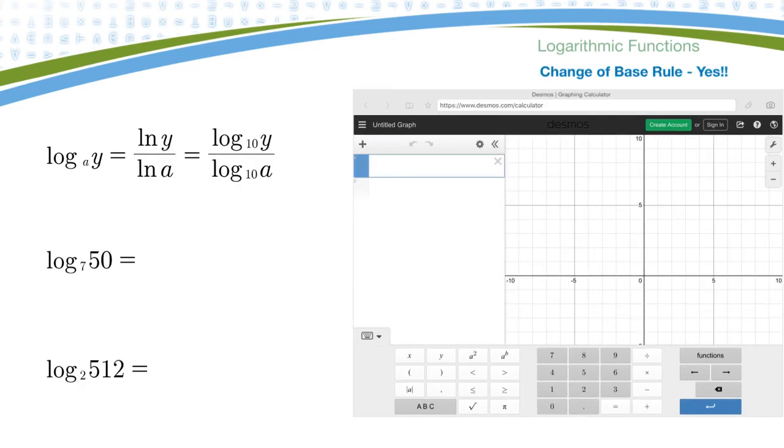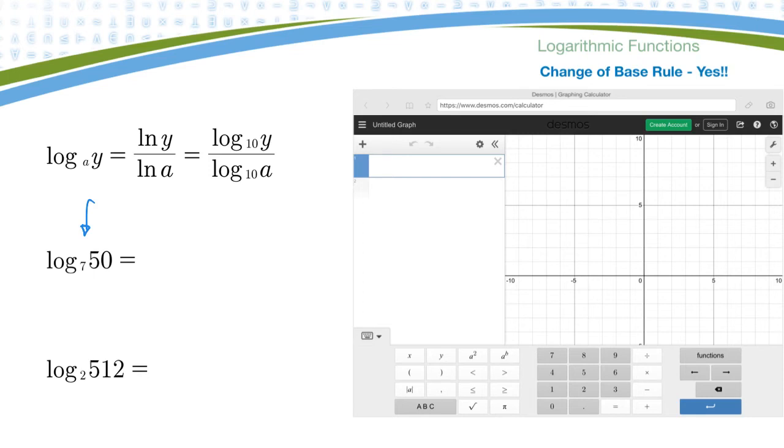Now, if you don't have a log base A, or one that you can put your own base in, so for instance, this one here, log base 7 of 40, maybe you don't have that base 7 on your calculator, and we have base 10 and base E, but most calculators don't have any other base. But it's okay, there's something called the change of base formula.